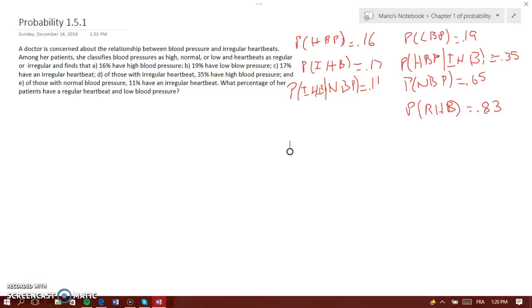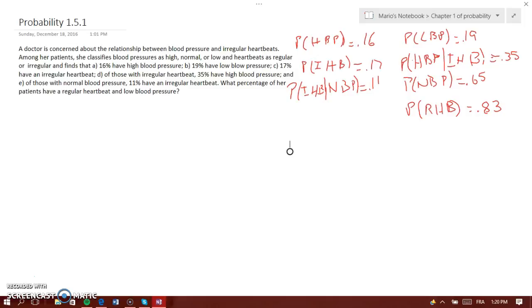Of those with irregular heartbeat, 35% have high blood pressure, and of those with normal blood pressure, 11% have an irregular heartbeat. What percentage of our patients have irregular heartbeat and low blood pressure?